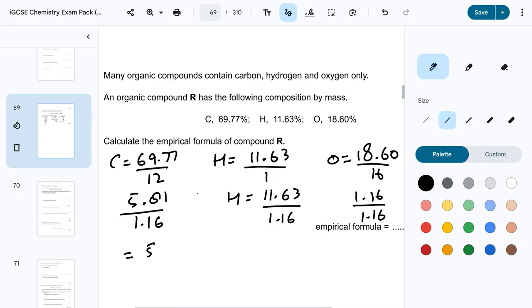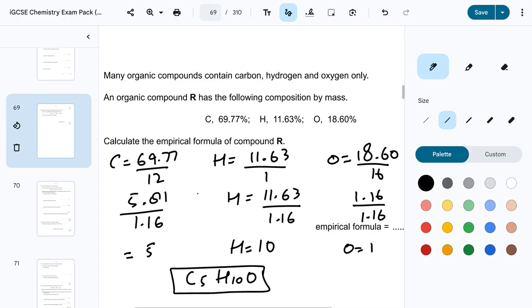For hydrogen, 11.63 divided by 1.16 is equal to 10, and for oxygen it is 1. So the formula is C5H10O1. This is the formula.